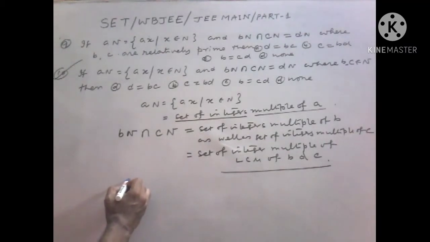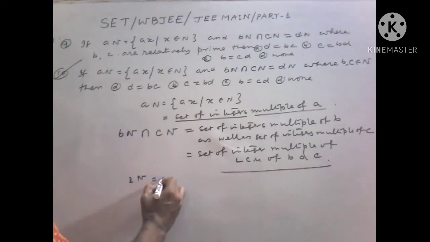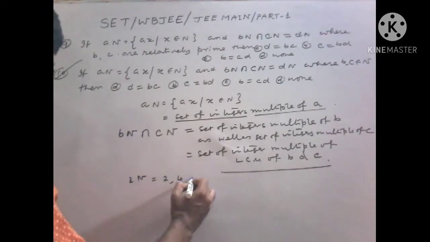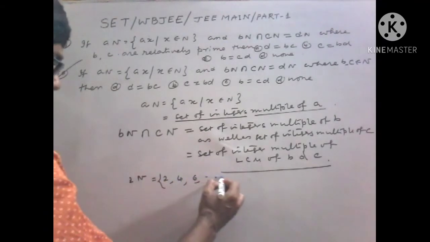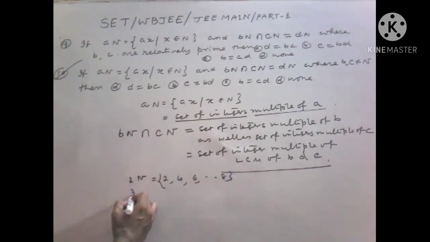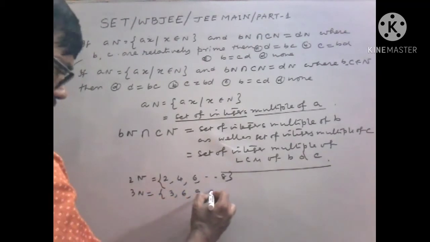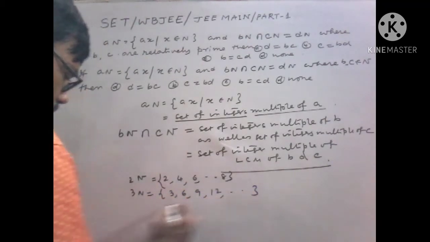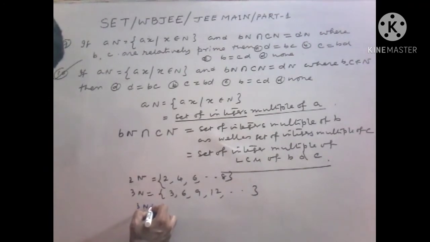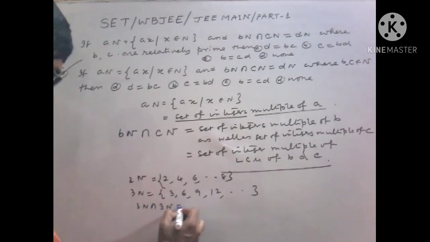Suppose 2n: this is 2, 4, 6, 8. 3n: 3, 6, 9, 12. So what is 2n intersection 3n?